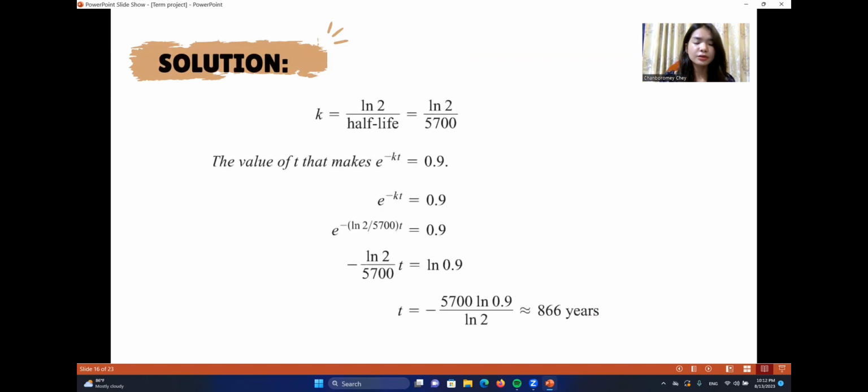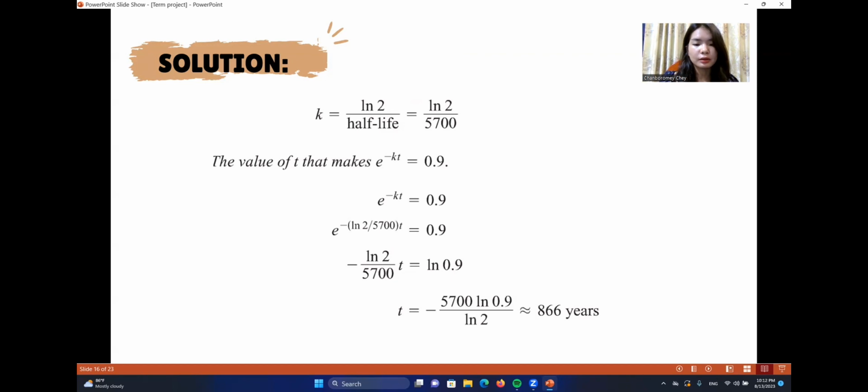For our solution, we know that k equals the natural logarithm of 2 over the half-life, and we replace the value. We want the value of t that makes e to the power of negative kt equal to 0.9.